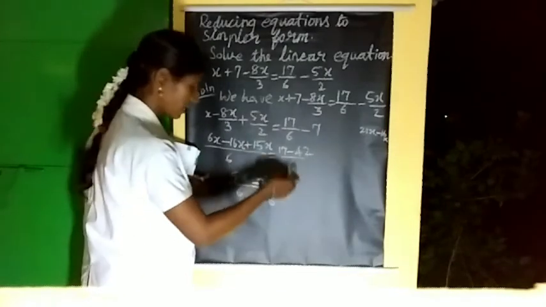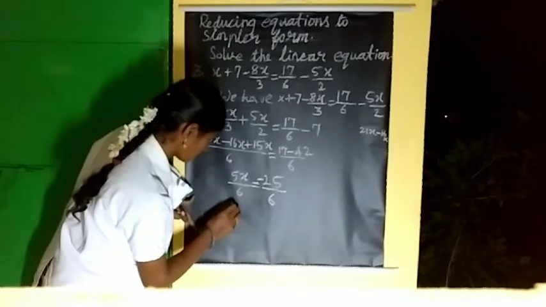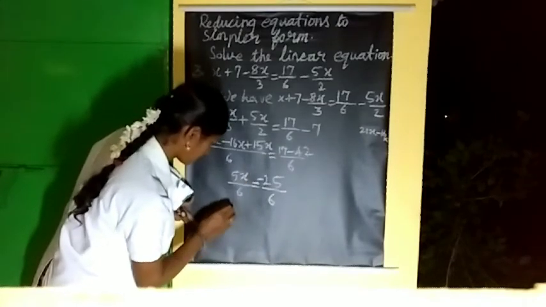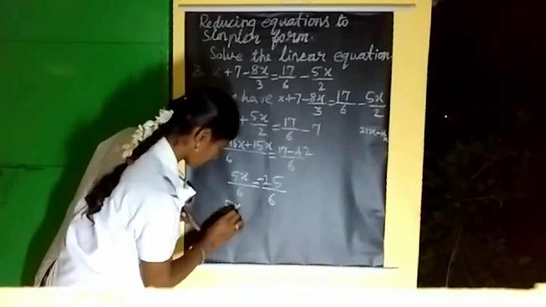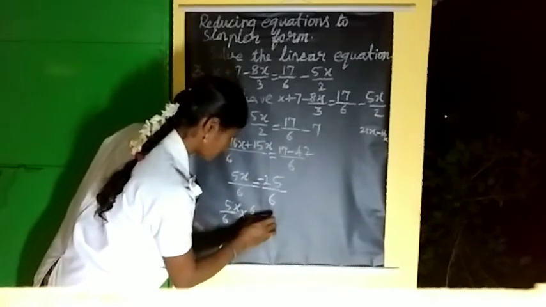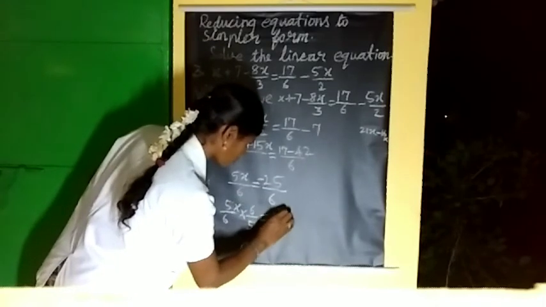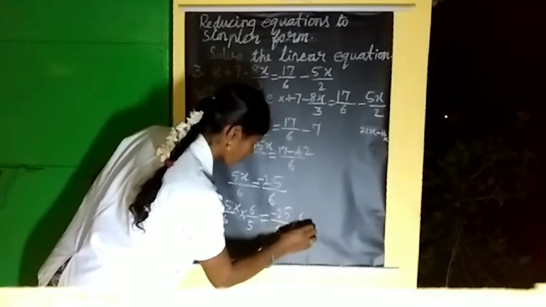Here 5 by 6 will cancel. Multiply minus 25 by 6 into 6 by 5.